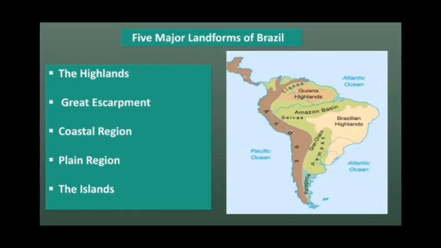This has formed because of the deposition of alluvial soil by the river. And last are the islands of Brazil. There are not many islands in Brazil, but we will learn about them in detail in the later parts.